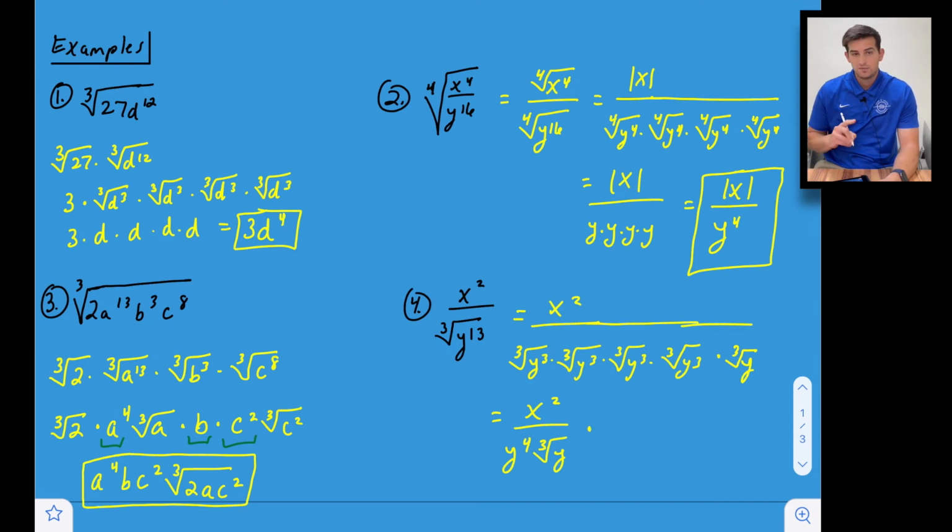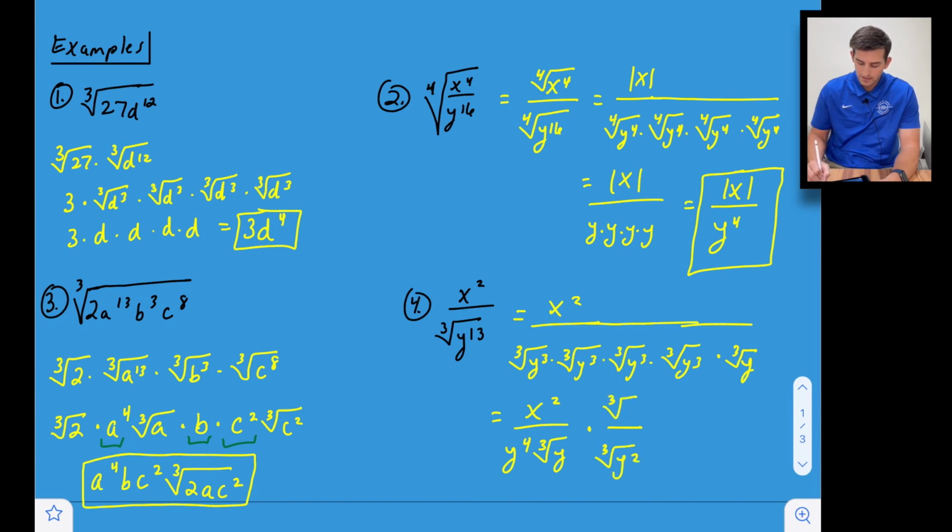So we need to multiply by the same thing, numerator over denominator, so it's like multiplying by 1. So a fraction that has the same numerator and denominator. But also our goal is to get this radical out of the denominator. So what can we multiply the cube root of y by in order for it to become just y? Well, that'd be the cube root of y squared.